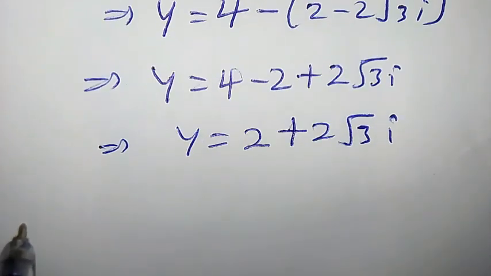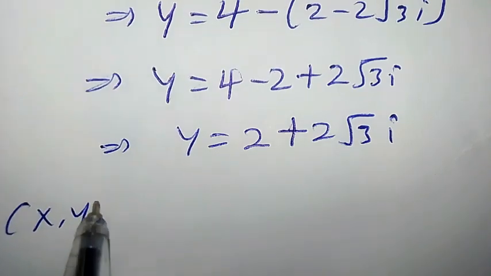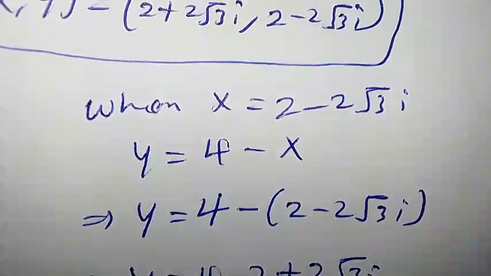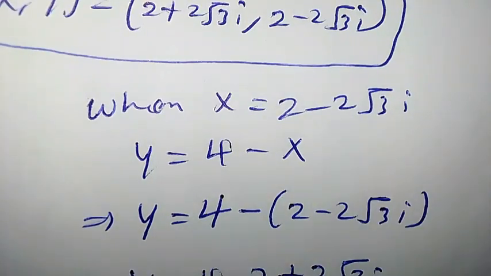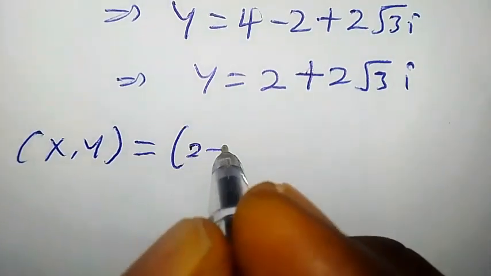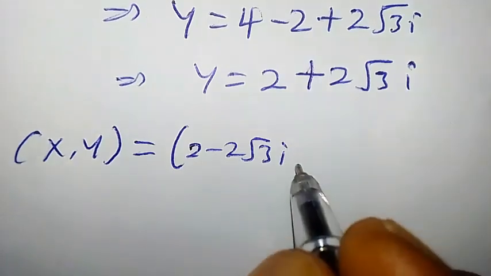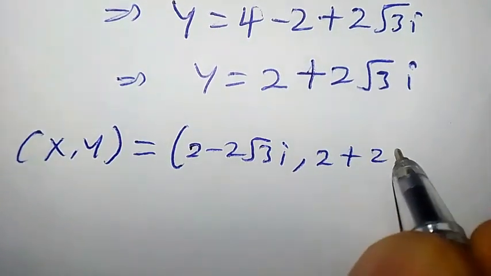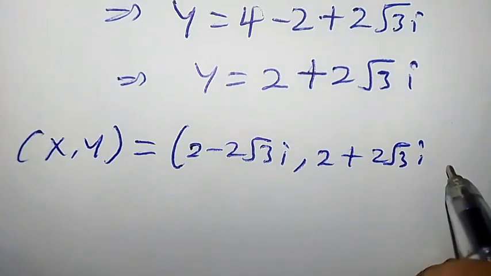That means the second solution, which is x comma y, is equal to, what is the value of x? x is 2 minus 2 root 3i, comma, the value of y that we obtain is 2 plus 2 root 3i.